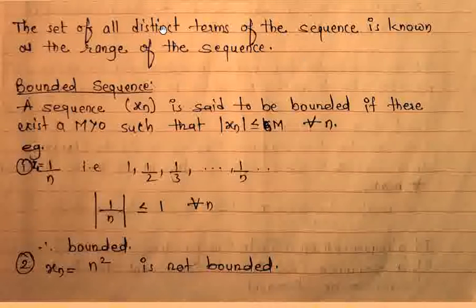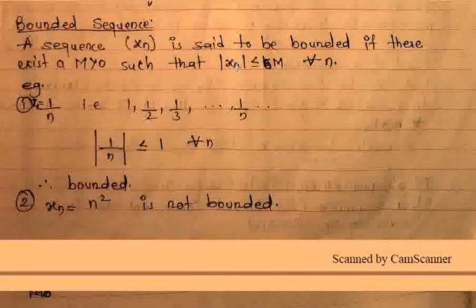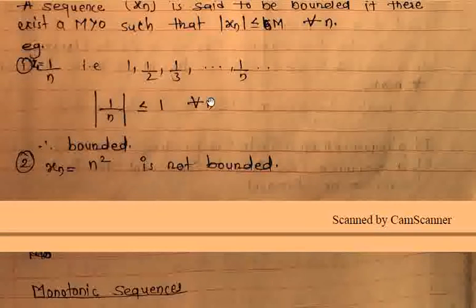The set of all distinct terms of the sequence is known as the range of the sequence. So this is for a bounded sequence. A sequence xn is said to be bounded if there exists m such that the modulus of x of n is less than or equal to m for all n. So here it's given xn is 1 by n.